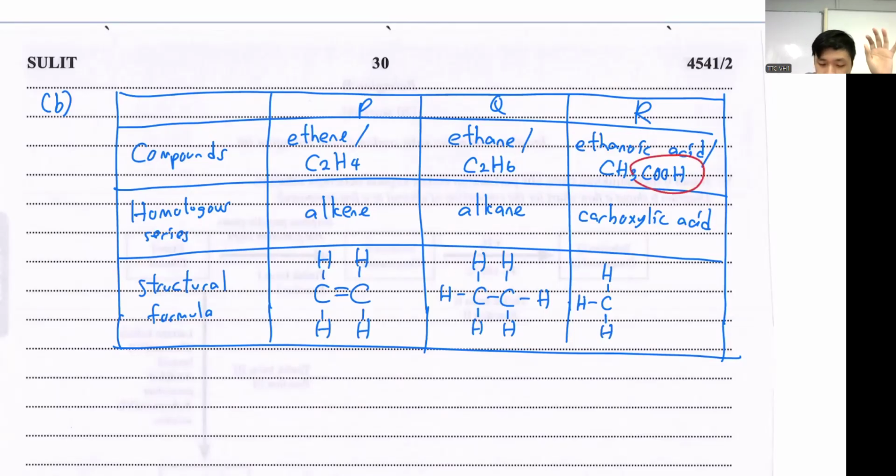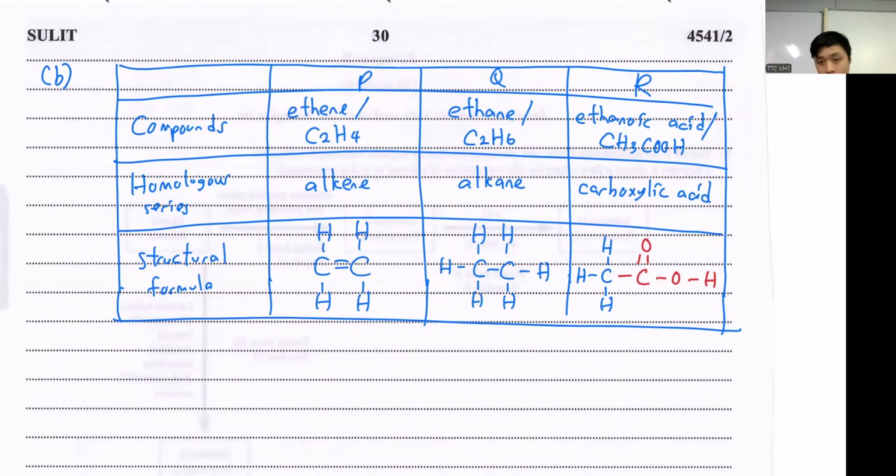Then you draw the COOH group. So C double bond O, OH. Okay. 9 marks already.